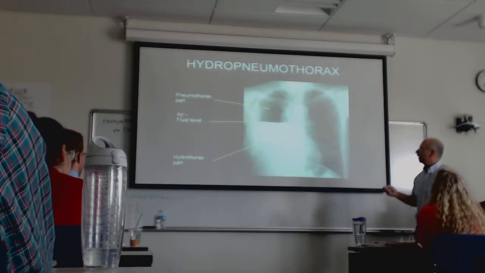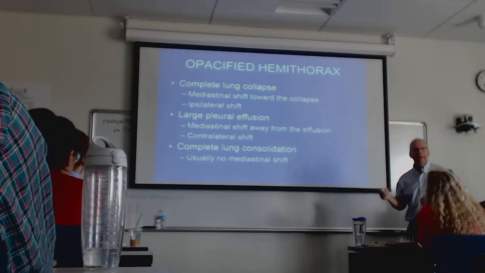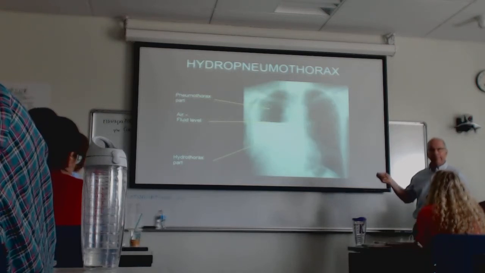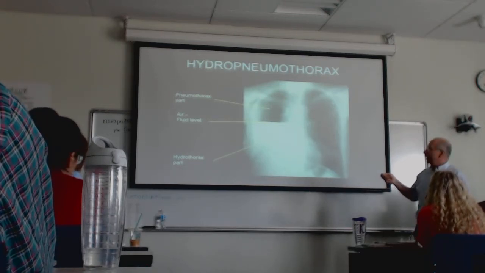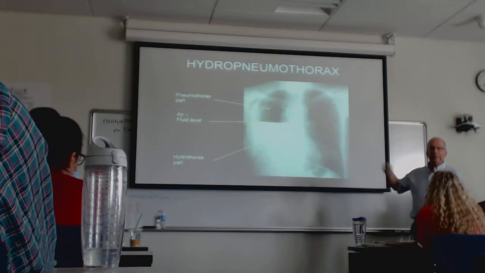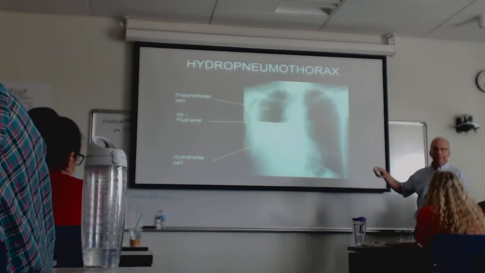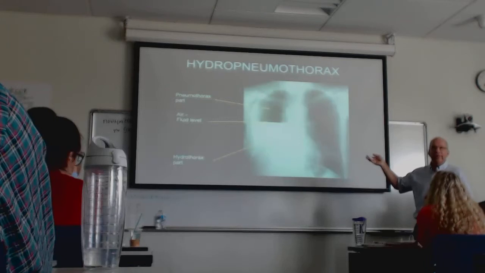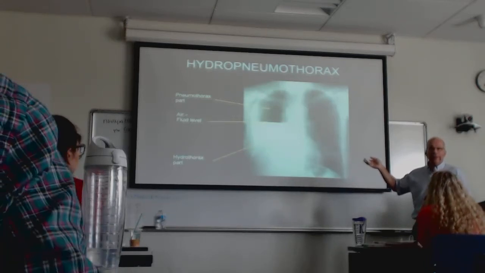That picture, the hydropneumothorax, is that all in the pleural space? In this particular case, the lung has been removed entirely, so it is actually just in the thoracic cavity, because there is no lung there.